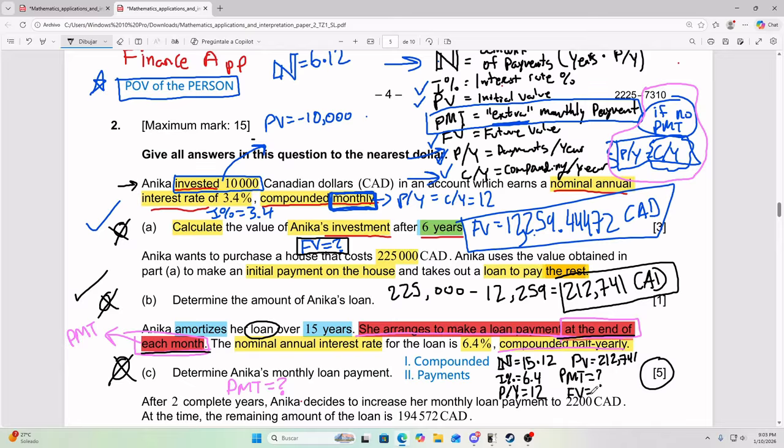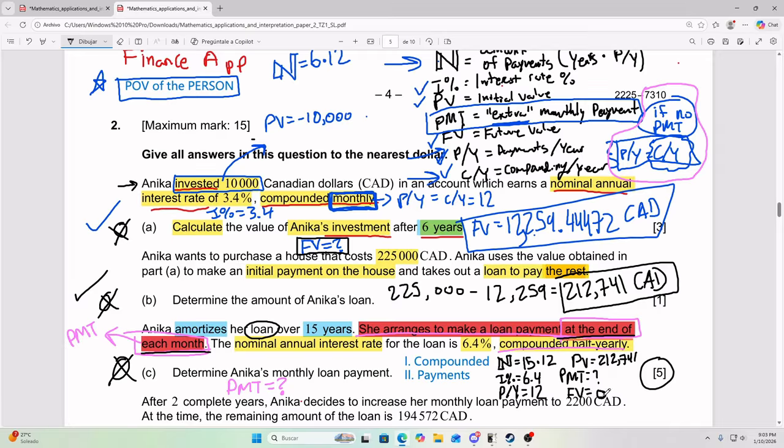FV is your future value, and this is the big brain moment. If you have a loan, what value do you want it to reach? If you have a loan, the value you want it to reach is 0. And so notice, PV is positive 212,741.